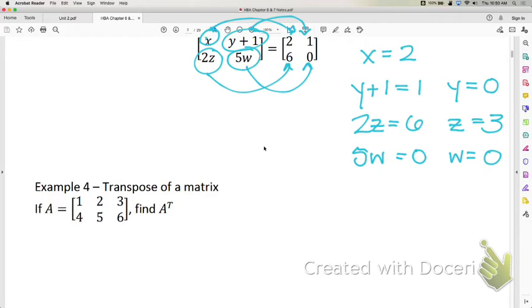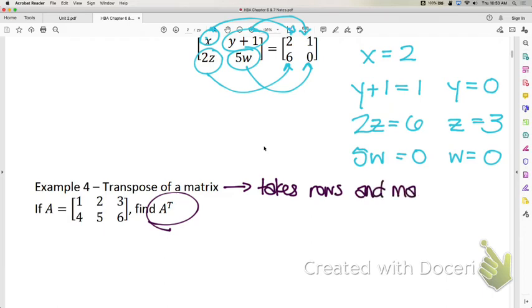Like actually applicable? Like this thing right here, A transpose. A transpose by itself has no use, but we're just learning what to do with it right now. A transpose of a matrix takes the rows and makes them columns.